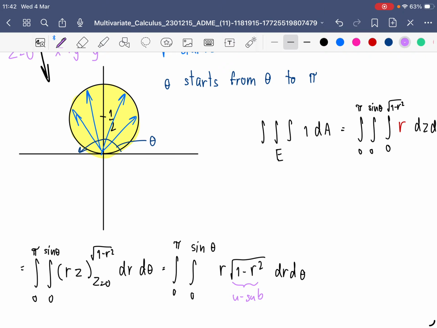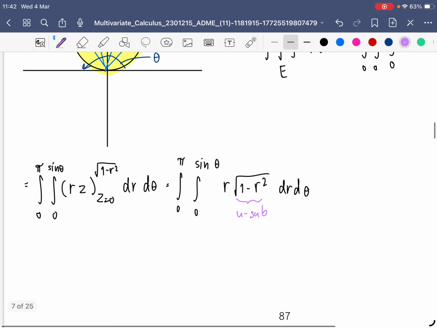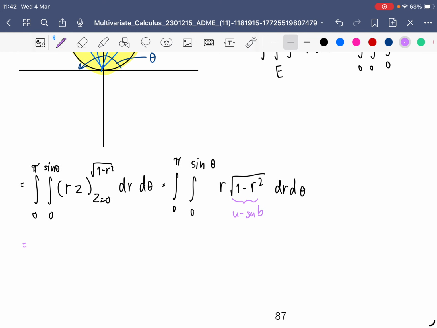So you have negative 1 minus r squared to the 3 over 2, over 3, with r from 0 to sine theta.